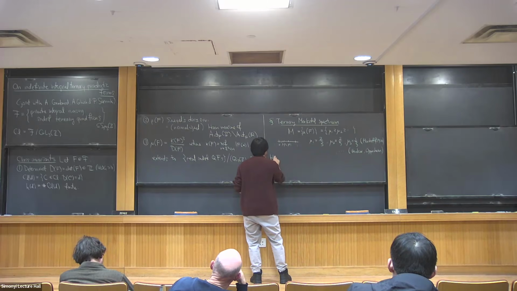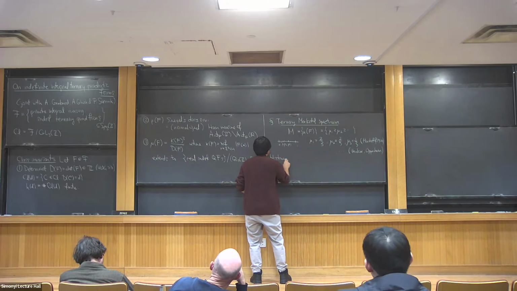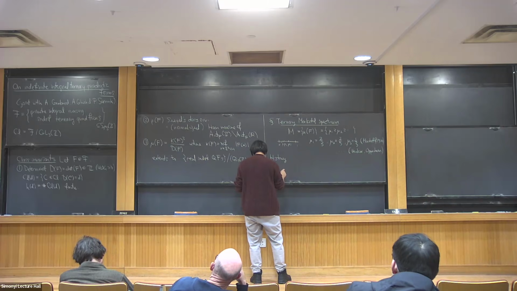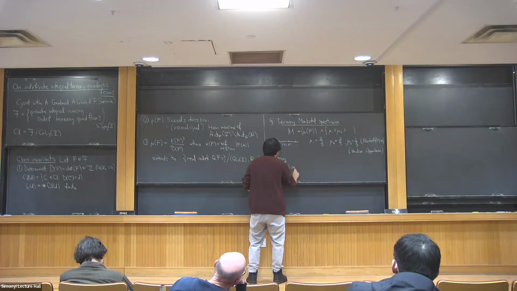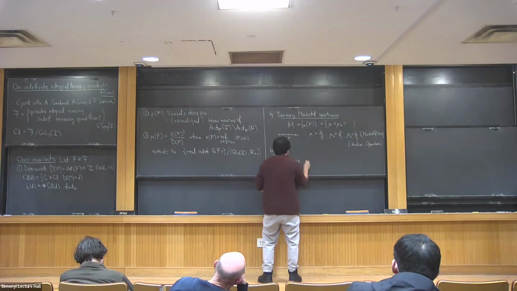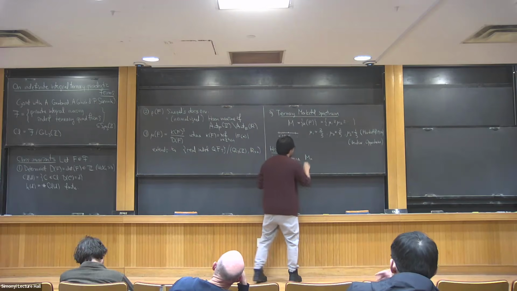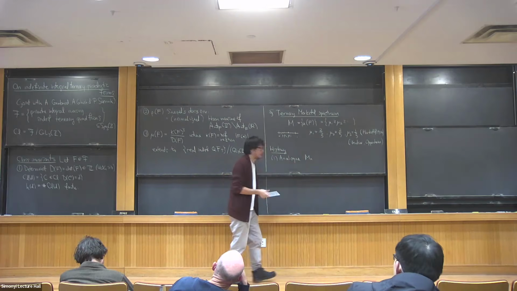So to give a brief history regarding this ternary Markoff spectrum, M is this spectrum. Of course, one can define analogs of the set for n-variable quadratic forms.